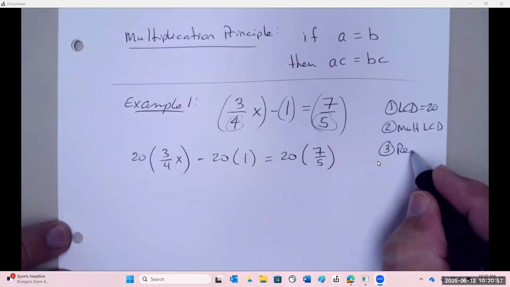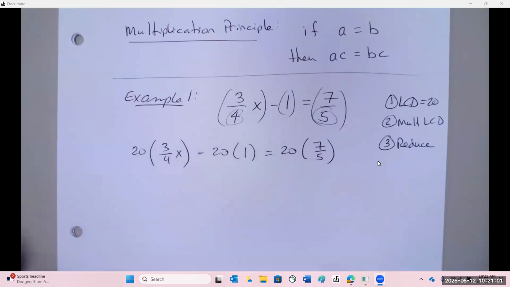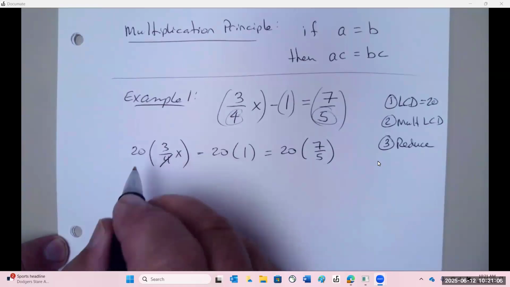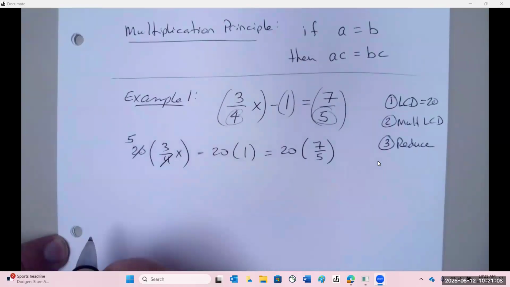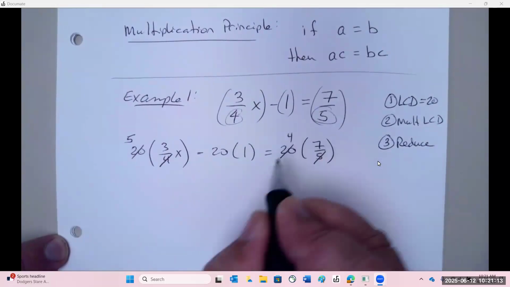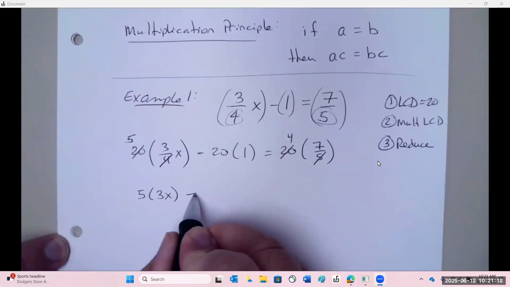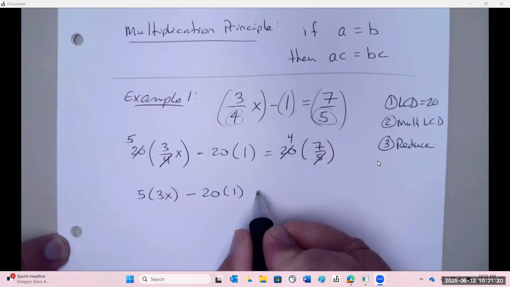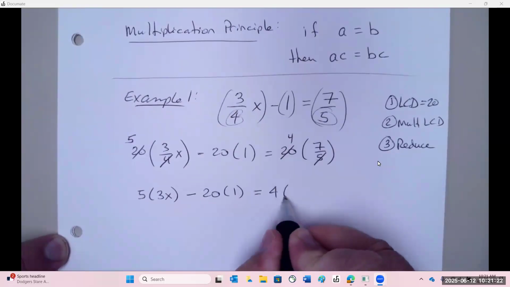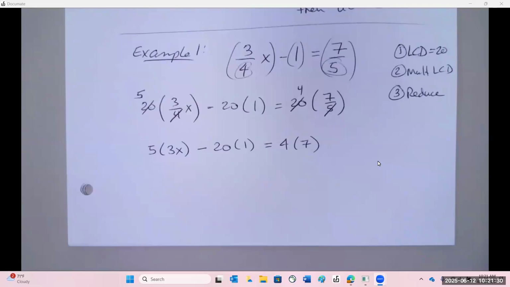Reduce. Can anything cancel in the first one? How many times does 4 go into 20? 5. There's nothing here. How many times does 5 go into 20? So that's what we have now after we get rid of our fractions.